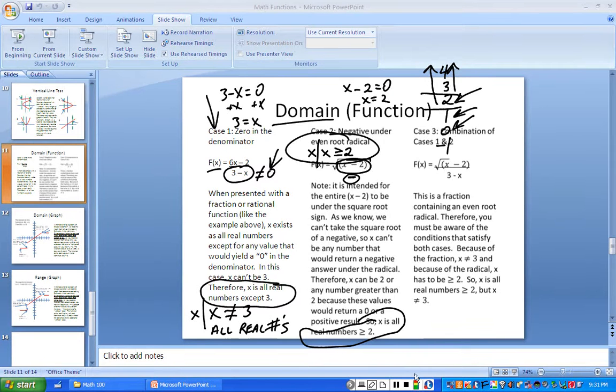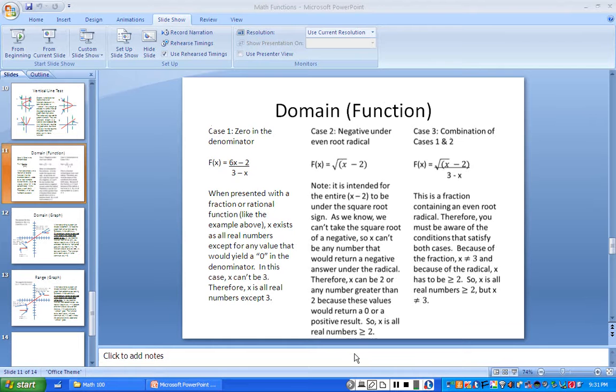Alright, now the third case is just a combination of case 1 and case 2. It says what happens if you have the square root in fraction form.